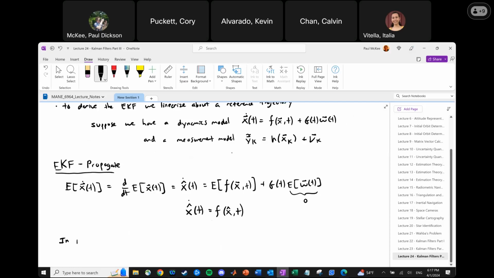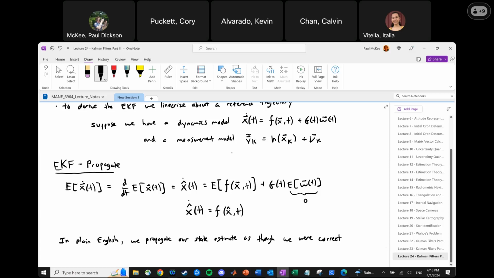And in plain English, or as plain of English as I can manage, we propagate our state estimate as though we were correct. We don't do anything special because we know that our state estimate is going to be wrong to some extent.